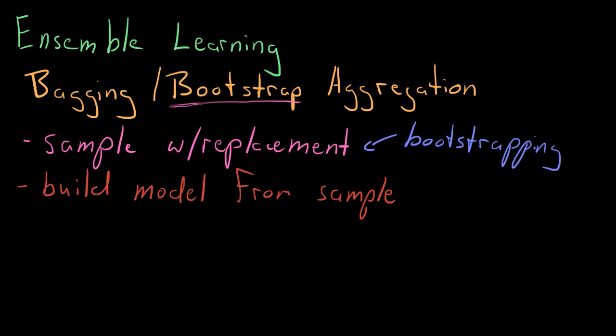We have a sample size and a number of iterations. Say our sample size is 30 of the 100, and we go through 10 times. What's important is that it's with replacement, so obviously we're going to reuse data. We don't do that with cross-validation, but this is with replacement.